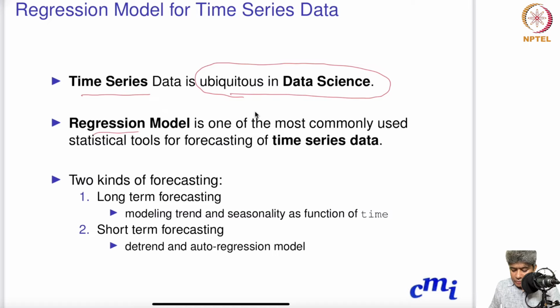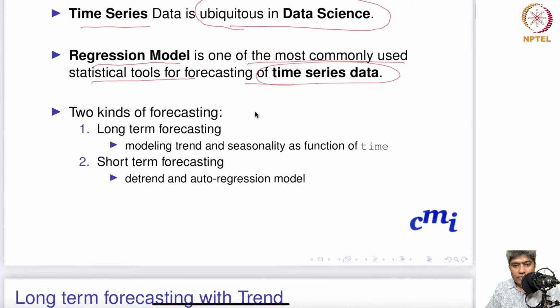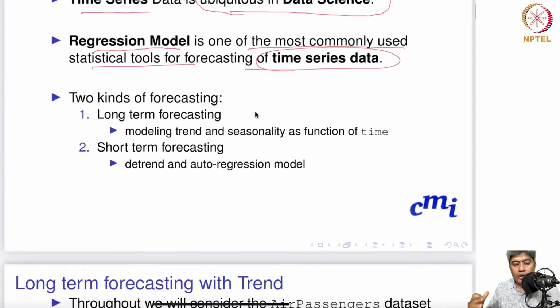Regression model is one of the most commonly used statistical tools for forecasting time series data, and we will see how we can use the regression model to forecast it. There are two kinds of forecasting, depending on your objective.